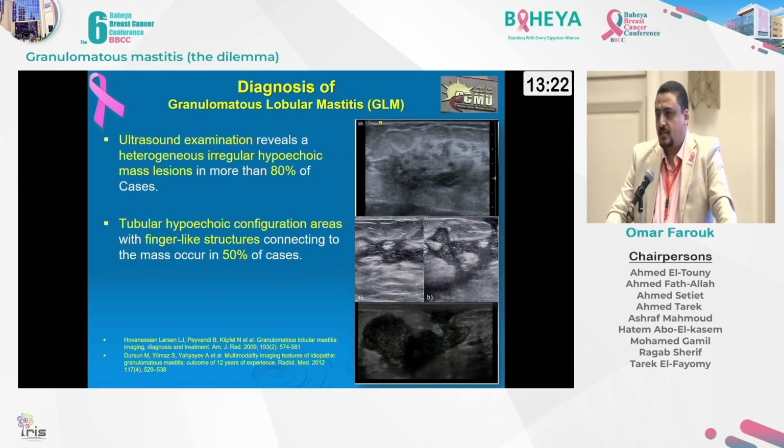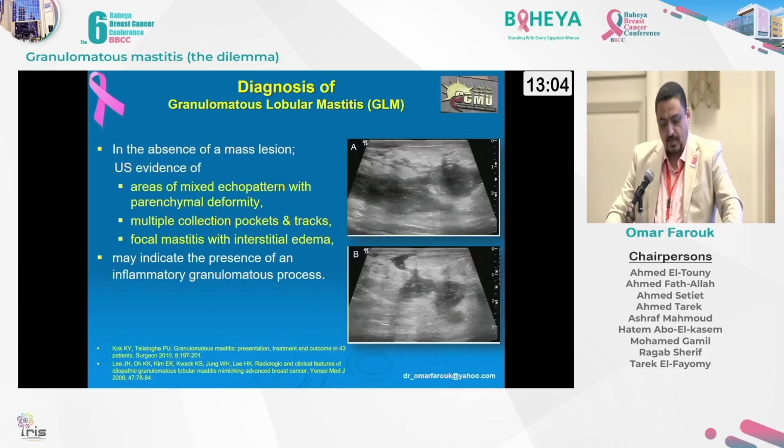The diagnosis is based on ultrasound, which revealed heterogeneous irregular hypoechoic mass lesions in more than 80% of cases. Tubular hypoechoic configuration areas with finger-like structure connecting to the mass in about 50% of patients.